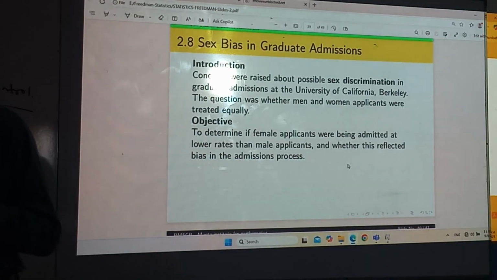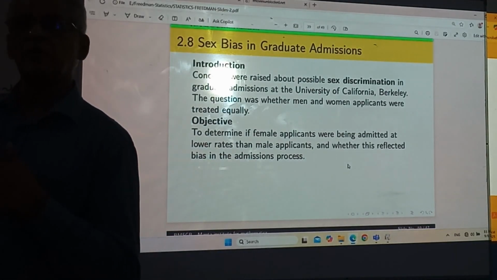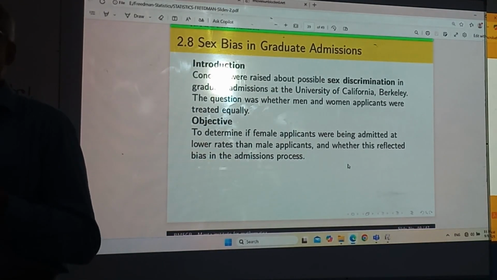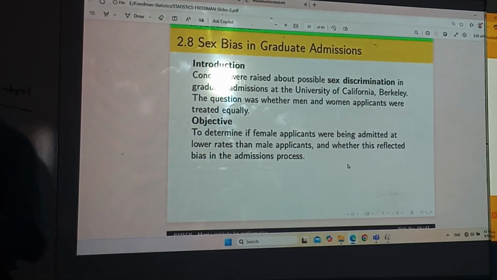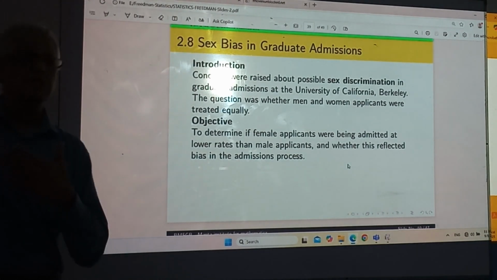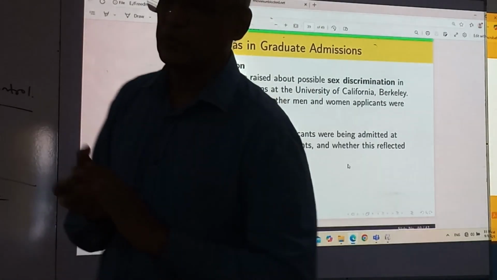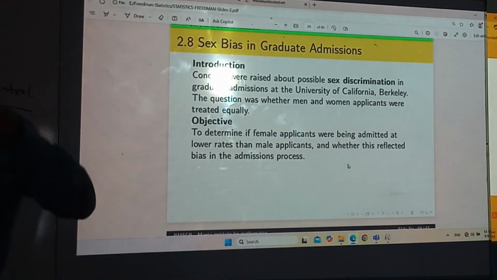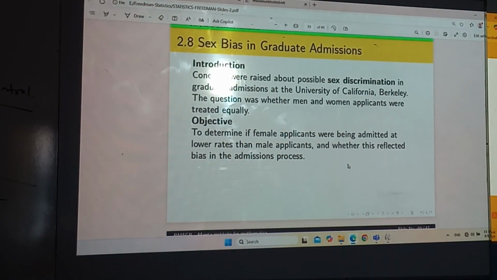There was a concern that men were favored when they were selected, and that selection was biased against women. That was the general belief according to the overall view. So they wanted to really study this situation and see whether there is real discrimination against women.